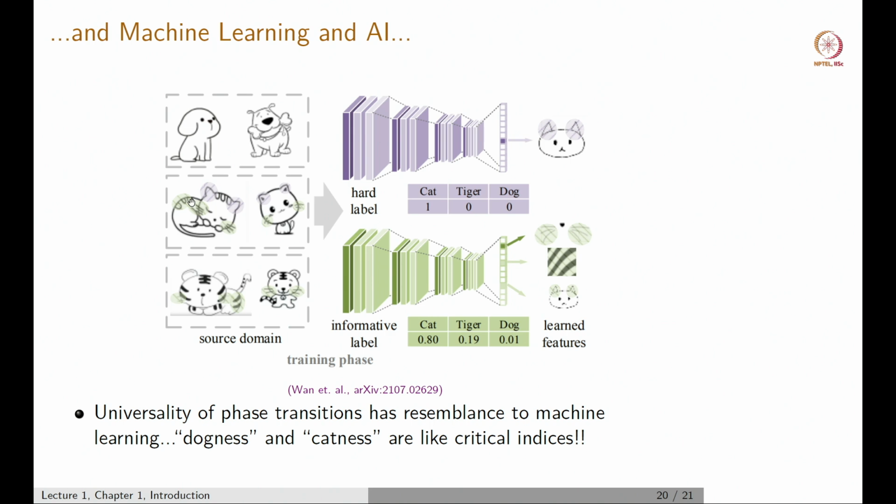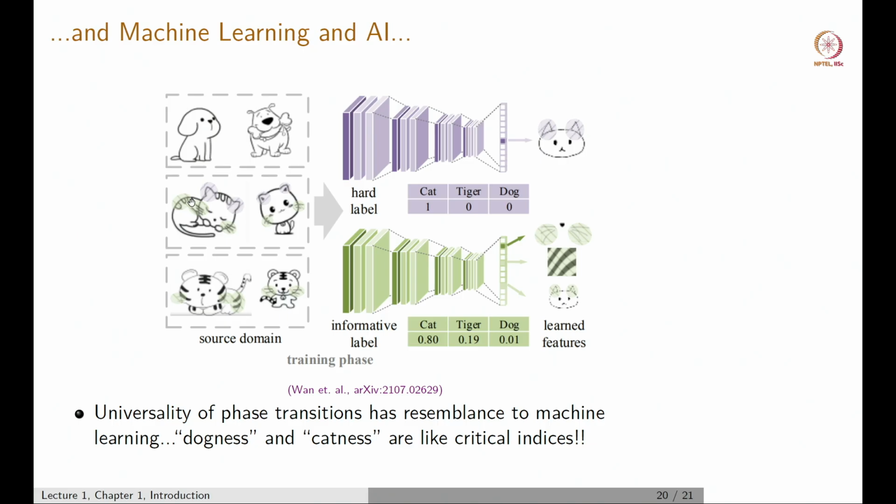Even if you take a picture of a dog and deform it, if you run it through this network, it will classify it correctly because it looks at some very essential features, pretty much like how a system near a critical point forgets what it was made of and picks out the essence of the liquid gas phase transition and gets the same critical exponents.